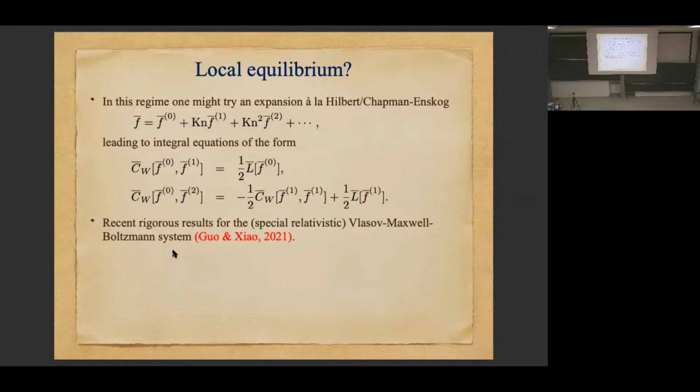Okay, and then at first order you get this integral equation and so on. Okay, and then you can try to solve these equations. I think there's still a lot of work to understand what this means exactly, but I would just want to point out that very recently there's been a paper in Communications in Mathematical Physics, with rigorous results for the special relativistic Vlasov-Maxwell-Boltzmann system, where they show that this Hilbert expansion actually converges.